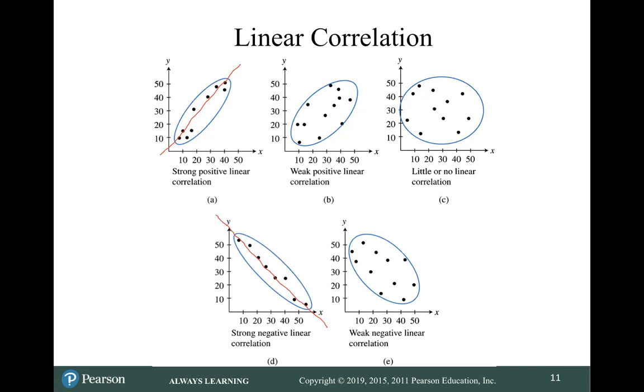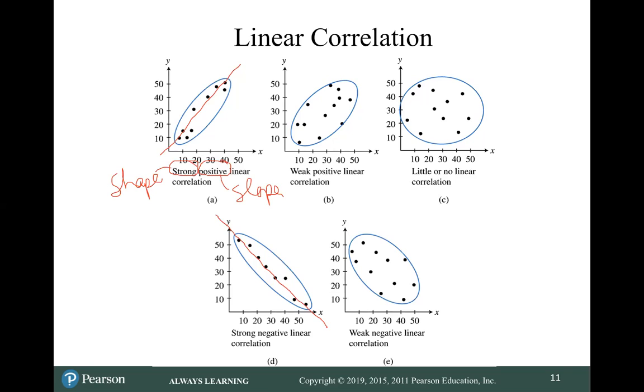Well, one of them is increasing. The top one is increasing, so it would have a positive slope. So positive refers to the slope. Strong refers to the shape. So we have strong, meaning it's shaped like a line, positive, meaning it's increasing, linear, meaning it looks like a line.